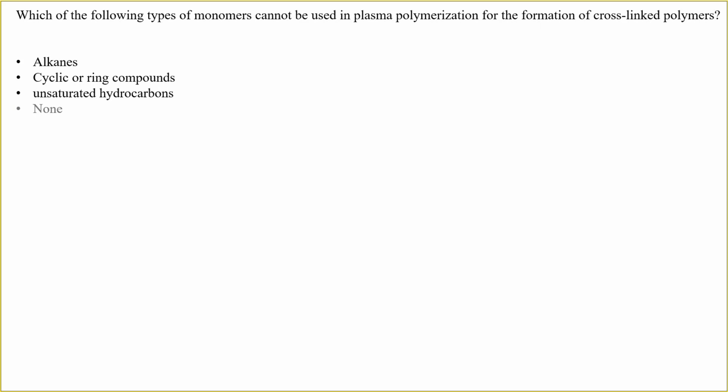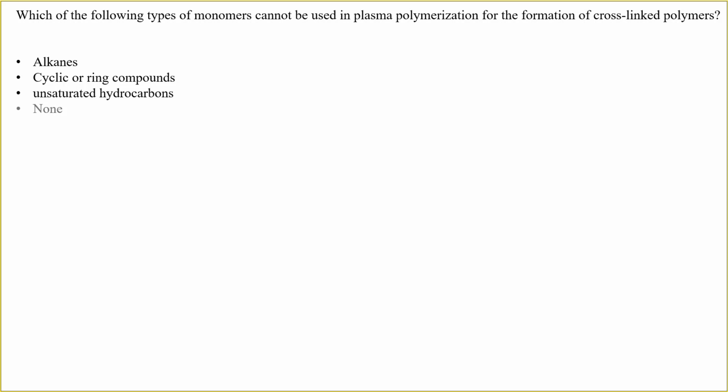Which of the following types of monomers cannot be used in plasma polymerization for formation of cross-linked polymers? In plasma polymerization, the temperature is very high for the cross-linking of polymers which are required.